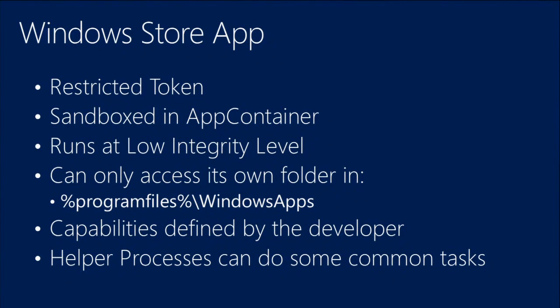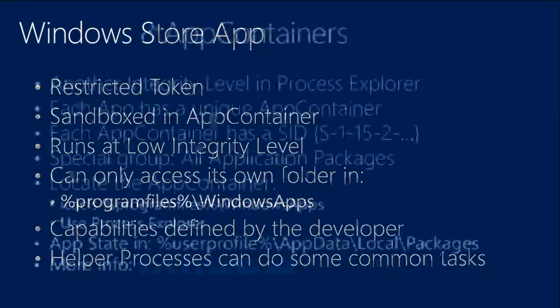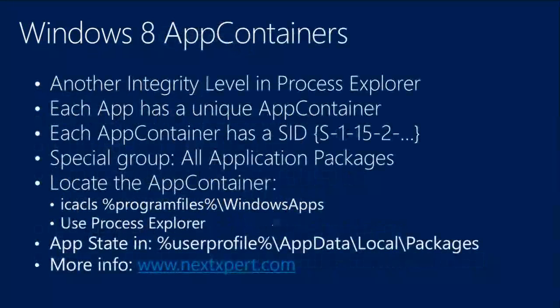Now, if a Windows Store application requires access to, for instance, your documents, it will not go to your documents folder by itself. No, it will call another process, a helper process, to enter your documents for this application and hand over the data that you are looking for.